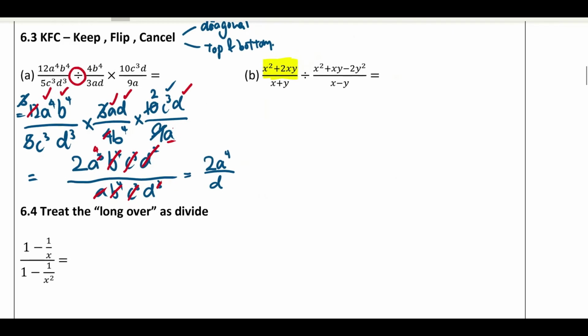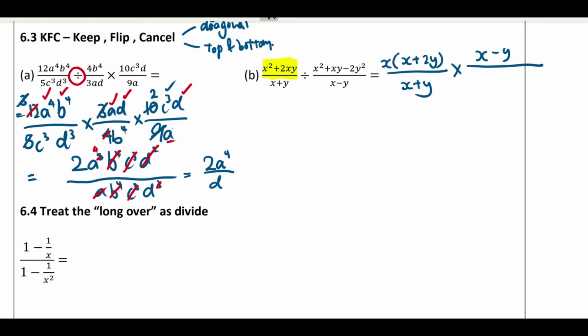Make sure you know the rationale and how to do it. x squared plus 2xy, we take out x, we are left with x plus 2y. Denominator, x plus y. Divide, we flip this to become x minus y over x squared plus xy minus 2y squared.